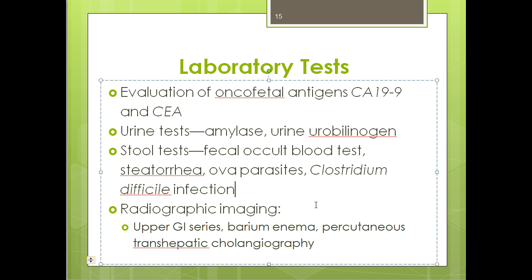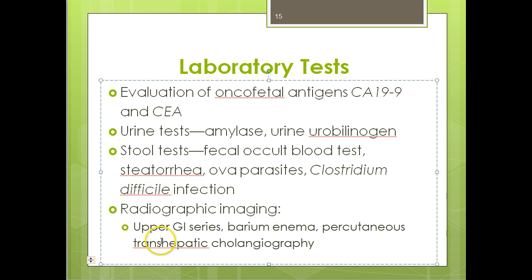You're going to test to see maybe if a person has steatorrhea, which is fat in the stool, any ova and parasites, and of course Clostridium difficile, which is C. diff, and you're going to test for those types of things.